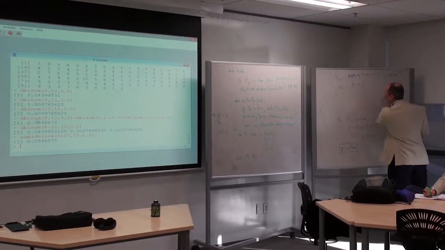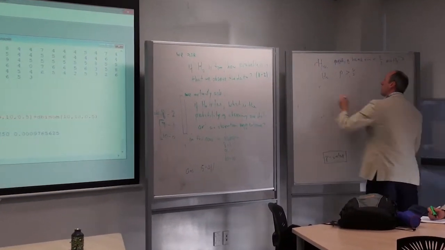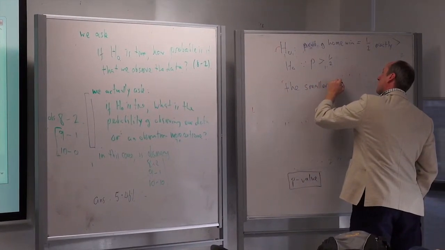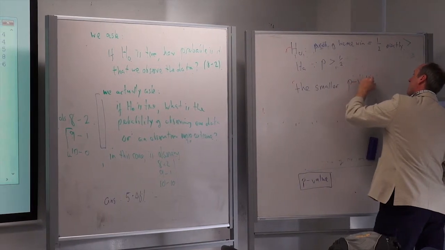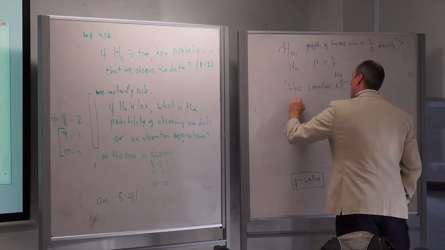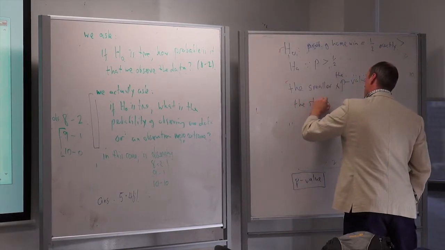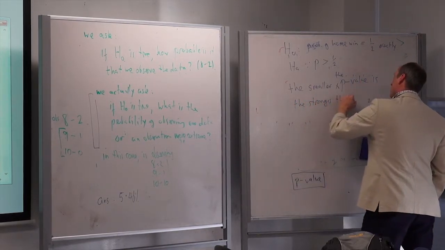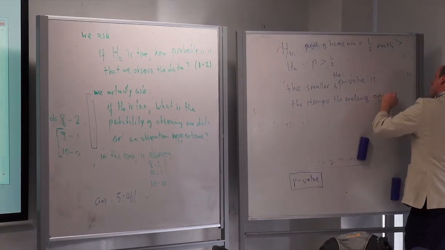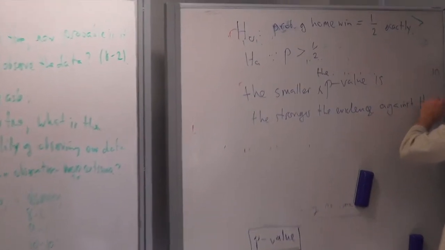The first observation is that the smaller the p-value is, the stronger the evidence against H null is.